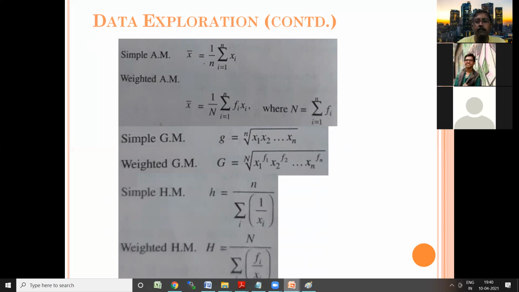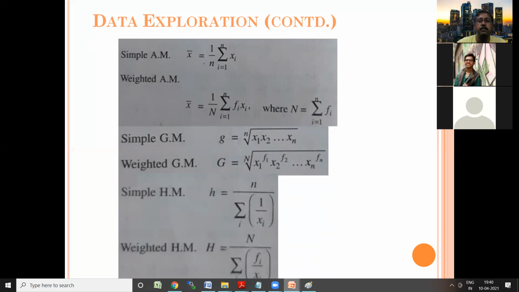So like this, we have got a distribution for the marks which represents the xi, and the frequency, which is the number of students who have obtained that mark, right? So that is the fi. So what we do is summation of fi xi, that is the cumulative value, that we divide by summation of fi, right? So that is a weighted arithmetic mean.